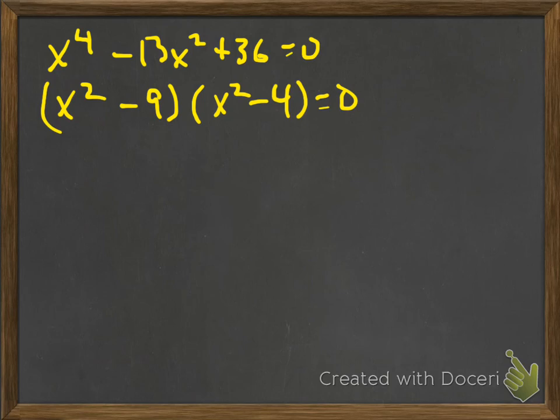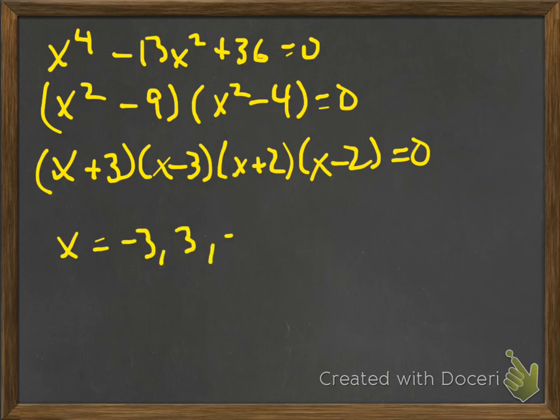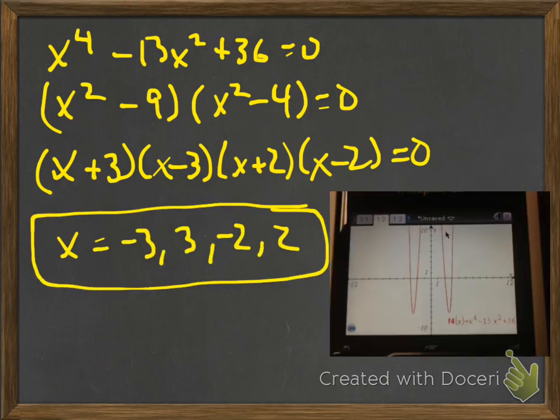Then you have to recognize that x squared minus 9 and x squared minus 4 are both differences of two squares. So I can factor that to be x plus 3, x minus 3, x plus 2, x minus 2. Set each one of those parentheses equal to 0, and I would basically get the opposites. So x is equal to negative 3, positive 3, negative 2, and 2.